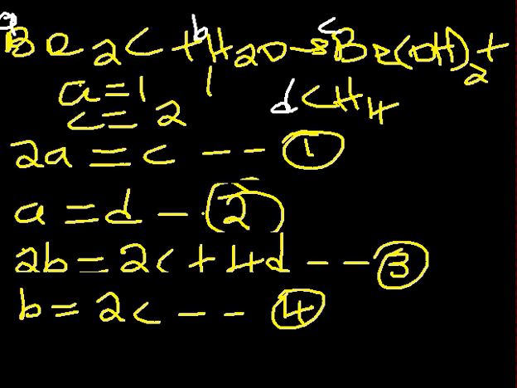Also, since we have A, C as well as D, we are able to solve B using this equation. Since we have the value of C, which is 2, then B will be 4.